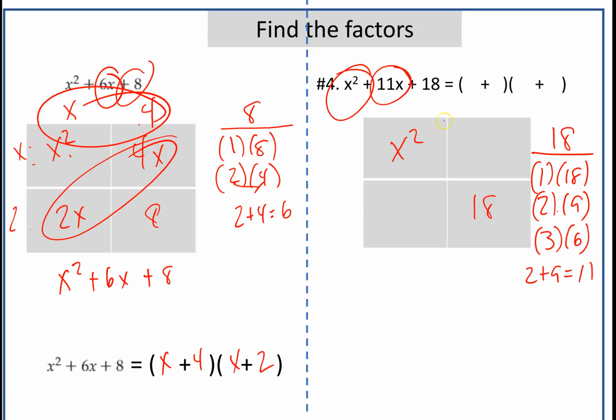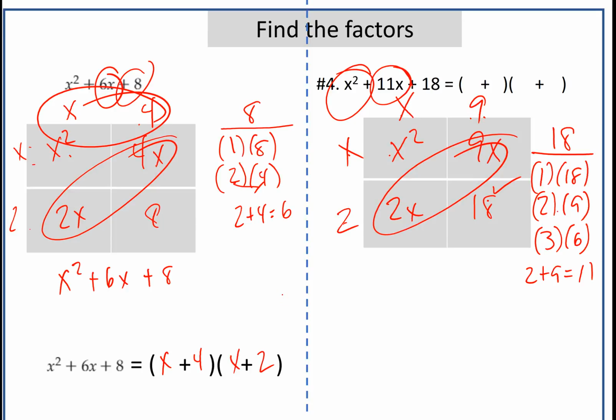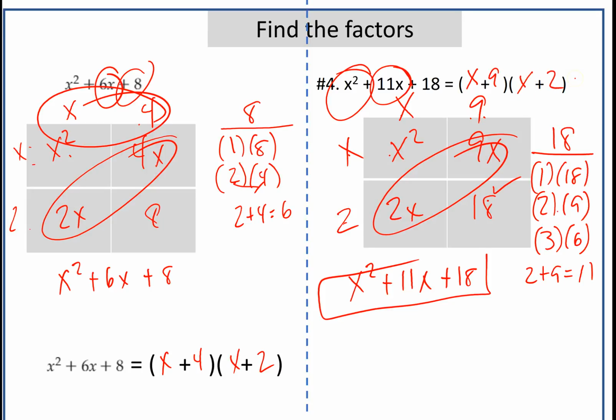That gives me my 11. So x and x give me x squared, 9, and 2. 2 times 9 gives me my 18. X times 9 gives me 9x. And x times 2 gives me 2x. That 9x plus that 2x gives me my 11x. So that gives me x squared plus 11x plus 18. So my factors are x plus 9, x plus 2.